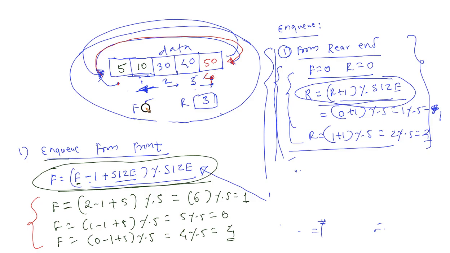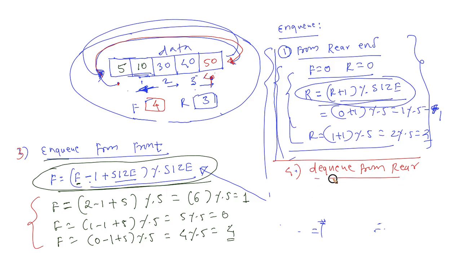Now the next operation: this was the third operation, this was first, and this was second. The fourth one is now DQ from rear, delete from rear, right? We are dequeuing from front only in the normal queue, right?